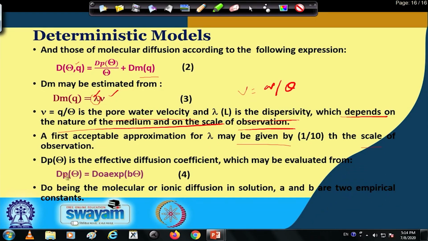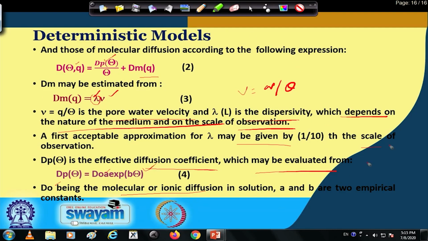Remember, this D_p(theta) is the effective diffusion coefficient, which can be expressed as D_0 a exp(b theta), that is, D_0 times a exponential of b theta, with D_0 being the molecular or ionic diffusion in a solution, and a and b being constants.